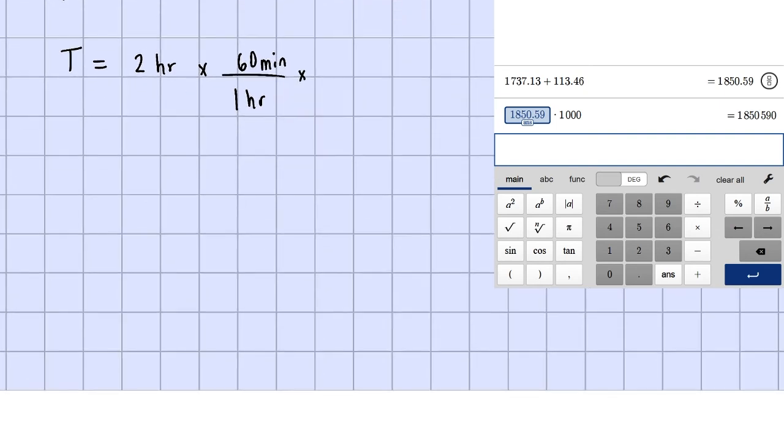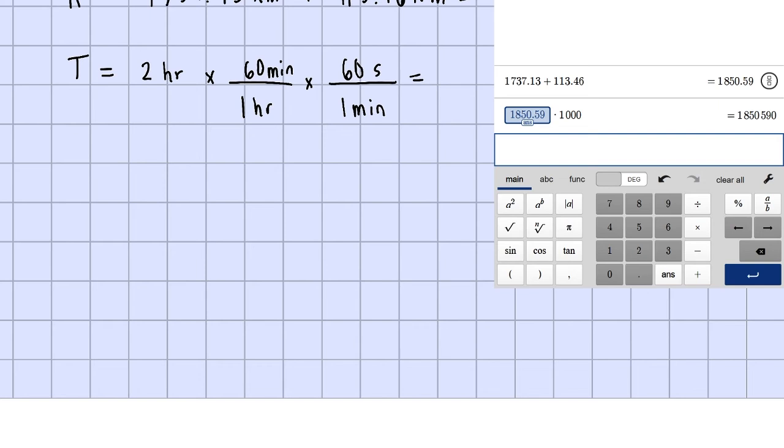And I know that for every 1 minute, there are 60 seconds. And to convert, first I'm going to cancel out all of my units that are diagonal, just to prove that I'll end up with the unit of seconds.